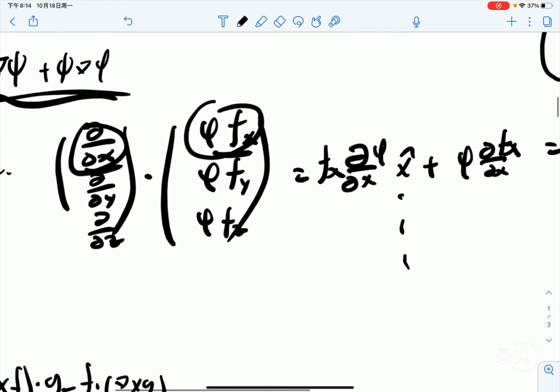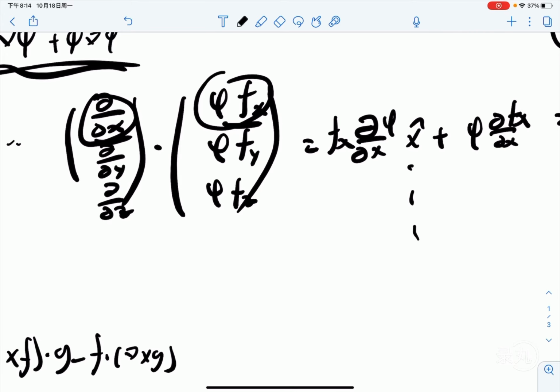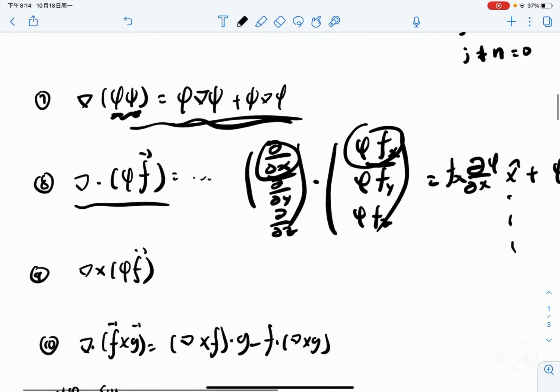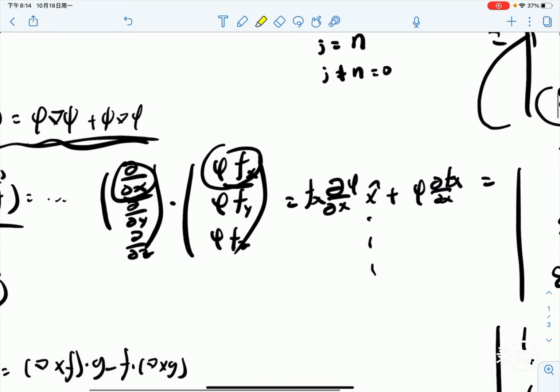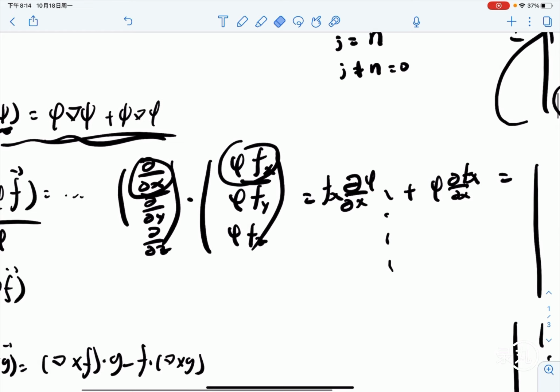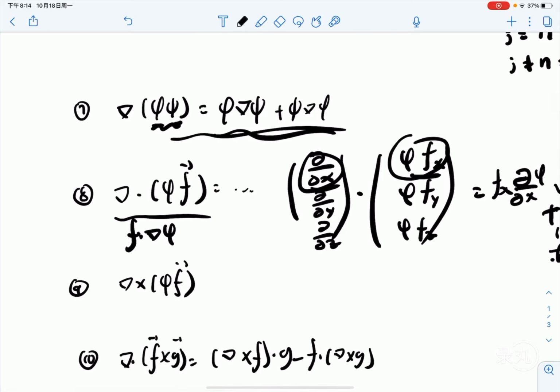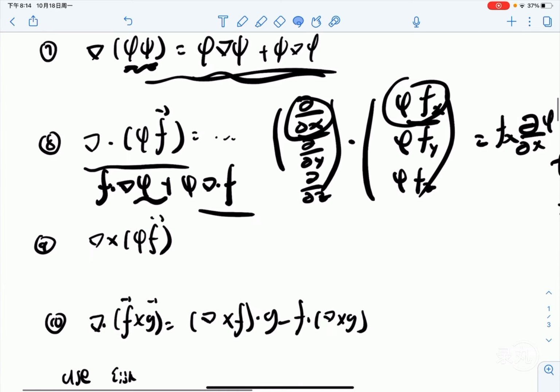And going down the list, we can see that this is just equal to this f. Oh wait, there's no x. And it is plus, and this is basically f dot the gradient of phi plus phi times the divergence of f.